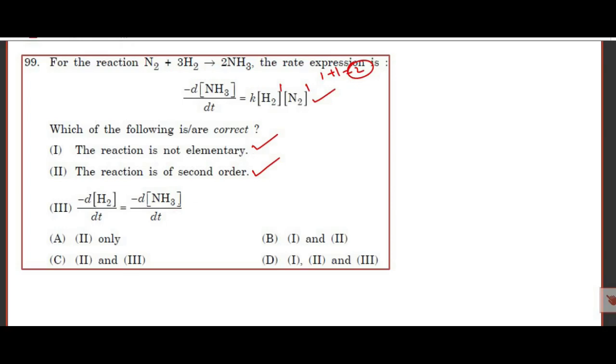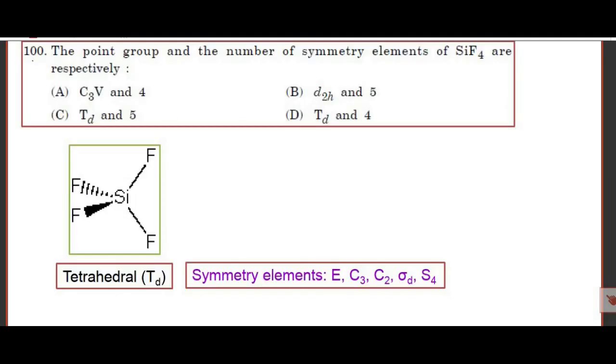It's not an elementary reaction. And here option 3, it is minus 1 by 3, and here it is plus 1 by 2. So this option is wrong, hence options 1 and 2 are correct. Option B is correct.